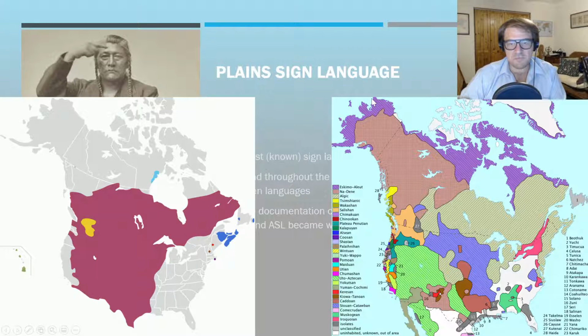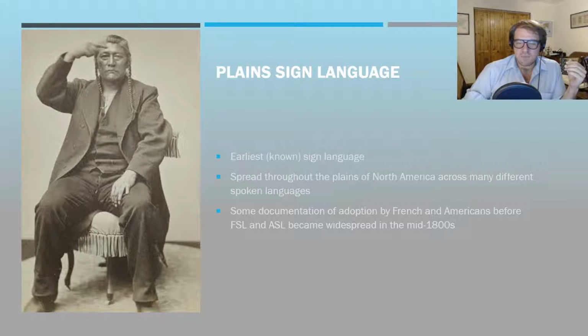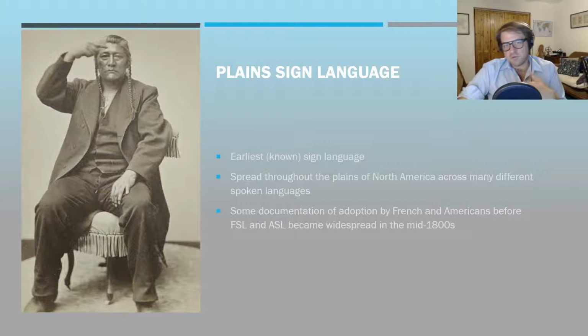And so there's some evidence that trappers, early settlers, and people like that ended up using plains sign language to communicate themselves. The fur trappers learned it for hunting and communication for trade, and then it was passed to settlers for communication for trade, but then also for deaf members of those settler groups as well.